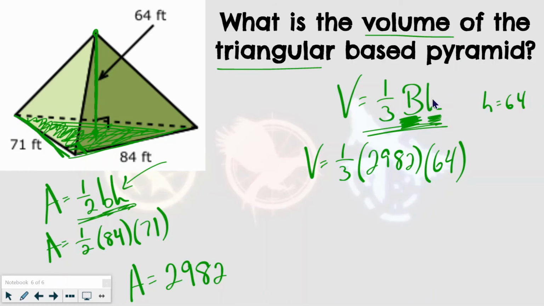So this is talking about the 3D shape. This is talking all about the triangle base on the bottom. I just want to reference that because in triangular prisms, that pops back up. So we're going to multiply those 3 together to find that final volume, and get that it has a volume of 63,616 feet cubed.